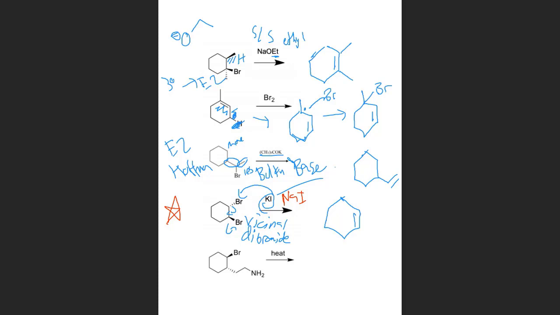So for the last one, all it says is that we're adding heat. So it looks like there might not be any reaction. But what we see is that we have a leaving group here, and we have an NH2 group right here. So this is known as an intramolecular substitution. And so this NH2 is going to attack right here.